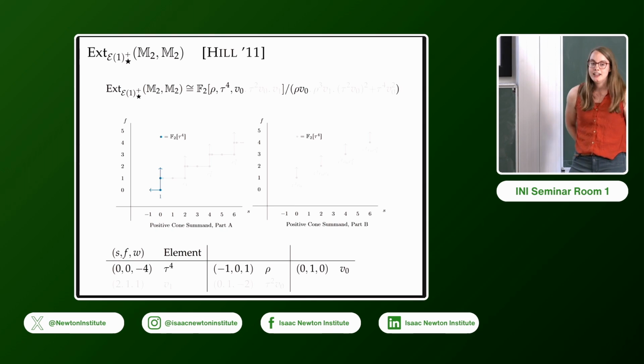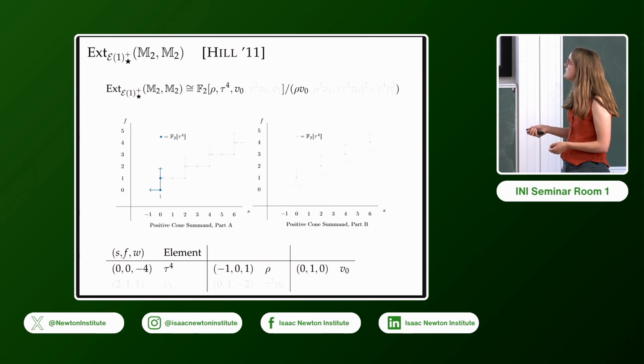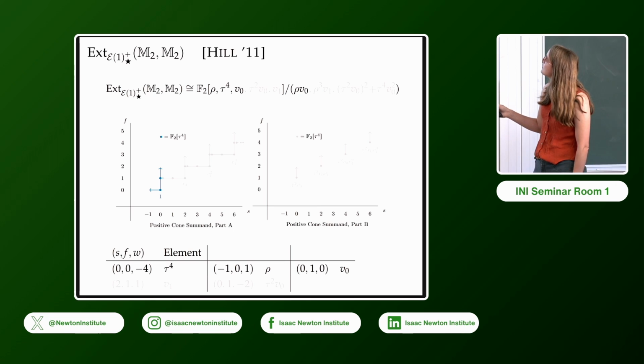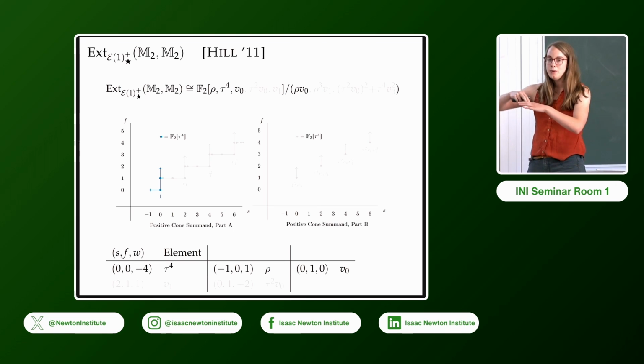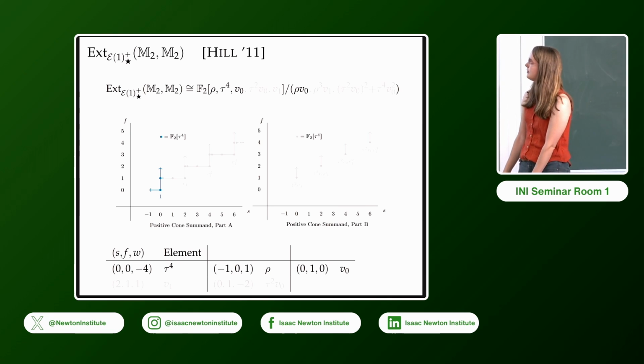And then adding in v0, v0 is in filtration 1, so multiplication by v0 gives us an F2 tau to the 4th tower here, and our first relation appears: rho v0 is 0, so because of that, we get no further towers of rho multiplication going off to the left.